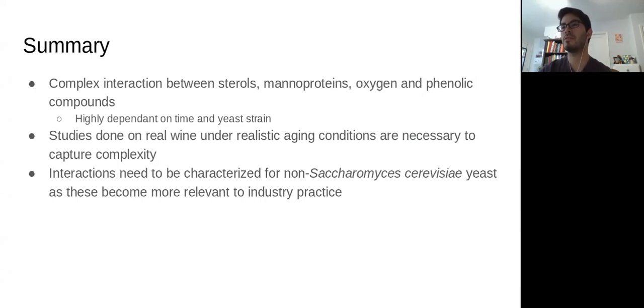And finally, using non-Saccharomyces cerevisiae yeast is becoming more common. So it's going to be even more important to characterize these interactions with different yeast species. We've already seen that there's a strong strain dependence, so we should also expect a large species-related difference as well.